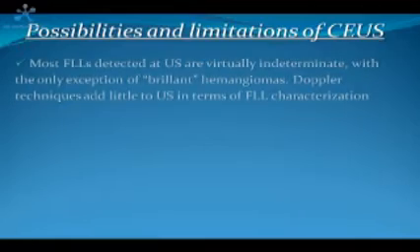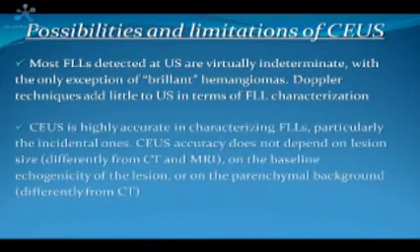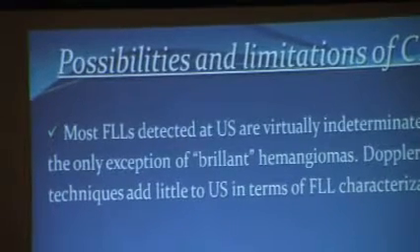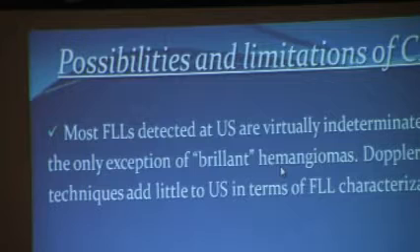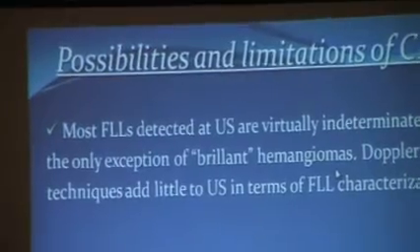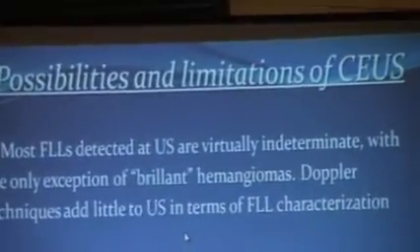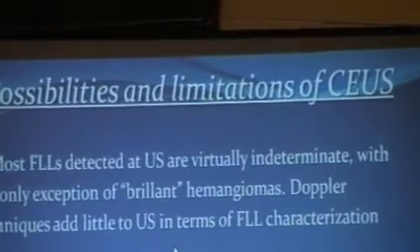What about the possibilities and limitations of CEUS in the clinical practice? We must start, of course, from baseline ultrasound. Surely most of the focal liver lesions, with the only exception of very typical hemangiomas, are indeterminate at baseline ultrasound, and the various Doppler techniques do not add much to these possibilities of characterization.